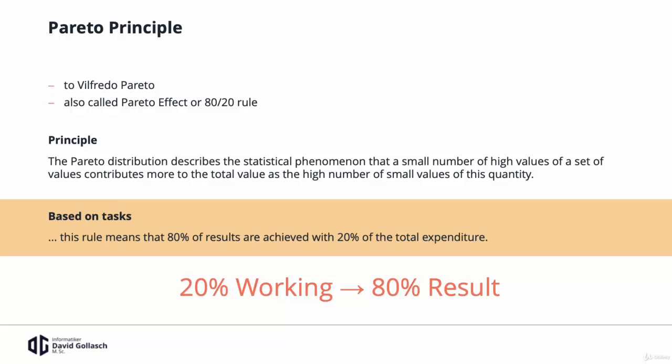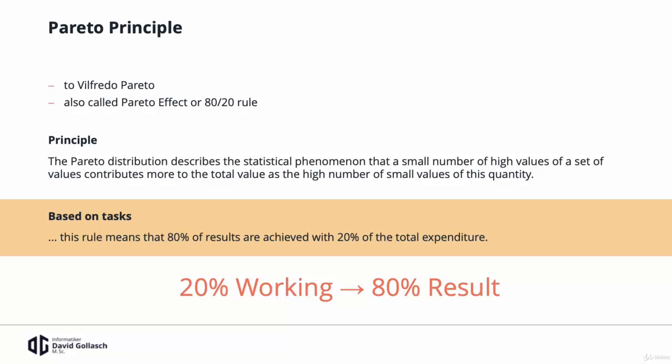And the rest, the 80% of the effort and resources that you put into the work, are only responsible for the missing 20% of the result, so for the better quality. This is a phenomenon that you often see in different areas, in different forms in life. I will show you a few examples on one of the later slides.